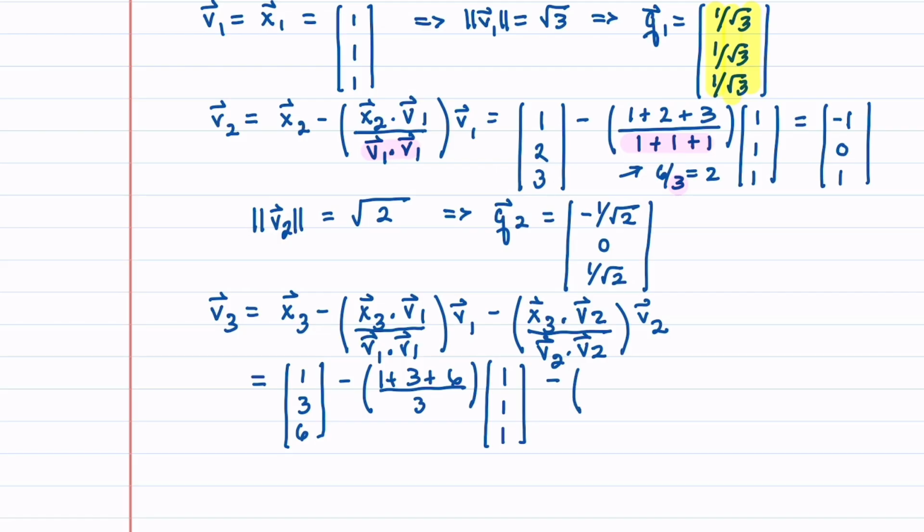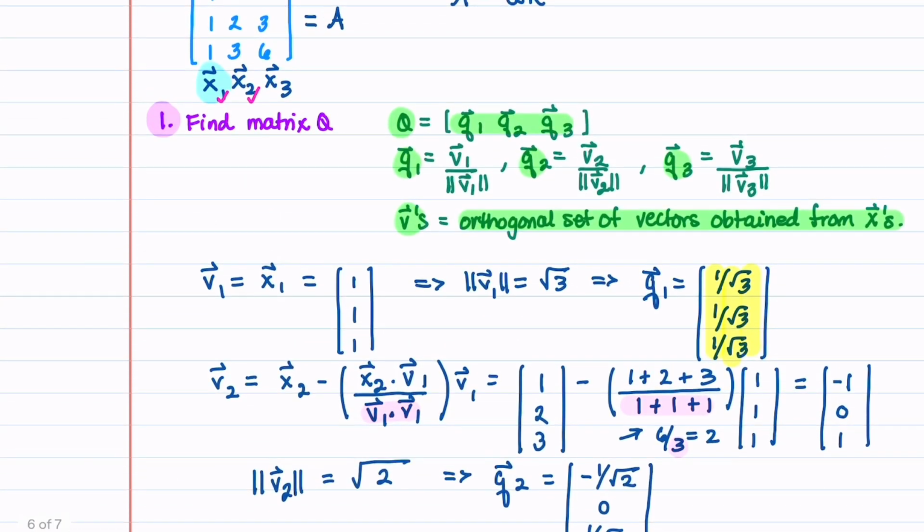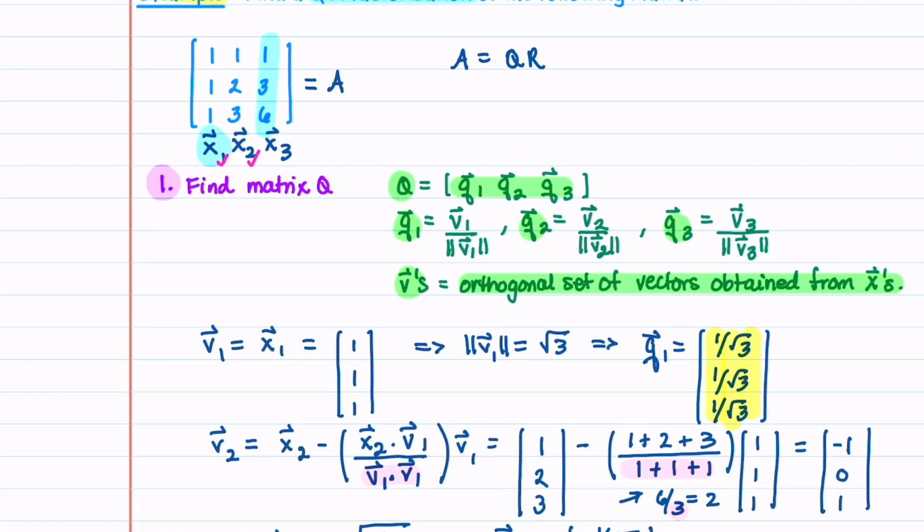Now we have to do one more dot product. This one is always a little bit hard because they're located in different spots. I'm going to highlight the vectors that we're going to take the dot product of in blue. So let's go back up here. We have to highlight our x3, which is this one, and then our v2, let's see, that's hiding somewhere. That is this one.